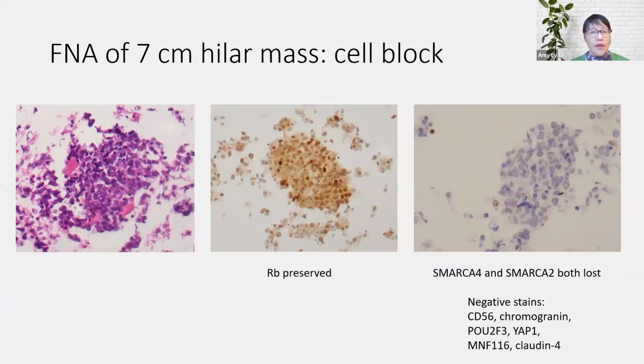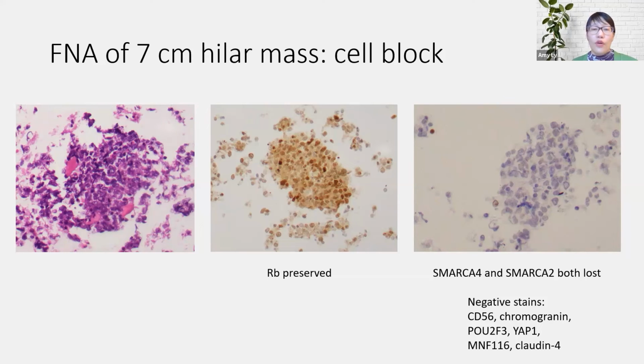And on cell block, so there was no core associated with this. Everything was thrown into ThinPrep, and then a cell block was created from the ThinPrep material. The cell block contained these similar cells, and RB was preserved. SMARCA4 and SMARCA2 were both lost, and a whole host of, I think, 20 stains were run.